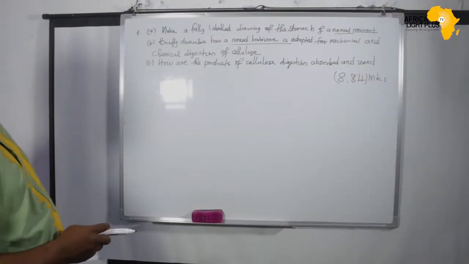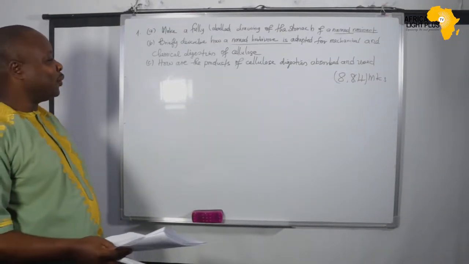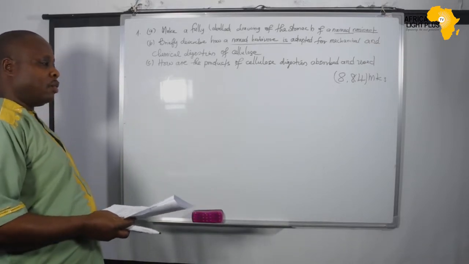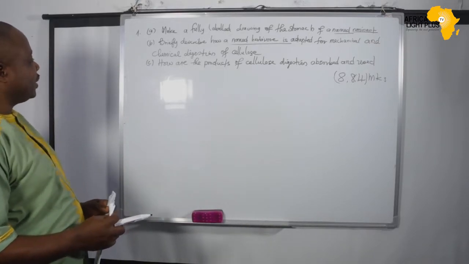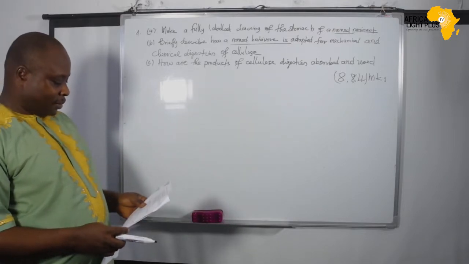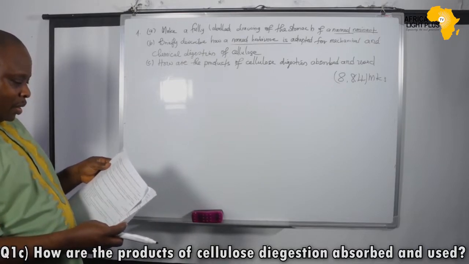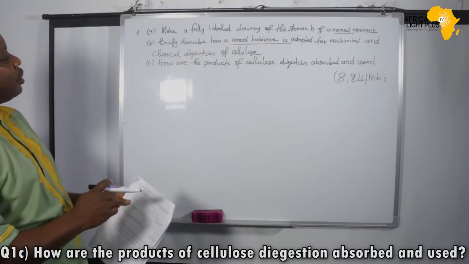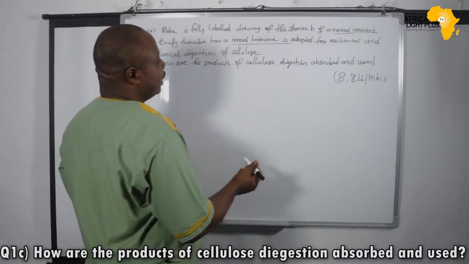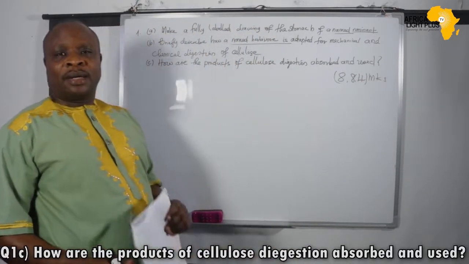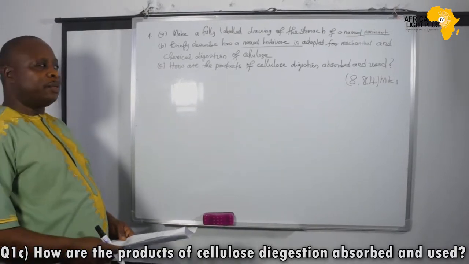So I was saying that we move to part C, 1C, which says how the products of cellulose digestion are absorbed and used.